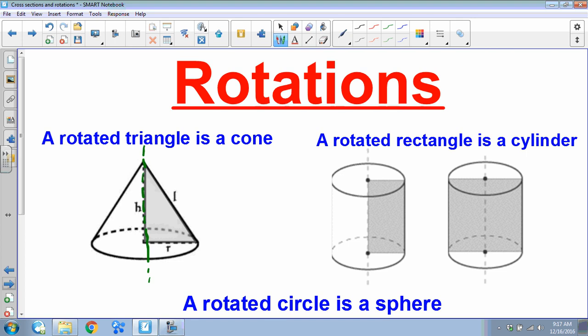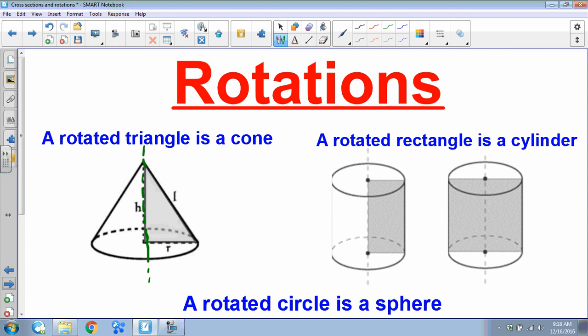Okay? If they don't tell you where it's rotated, you are to assume that it's rotated around the center. Because if it's a rectangle, it's different. You know, that value changes. So if they don't say, it's just around the center.